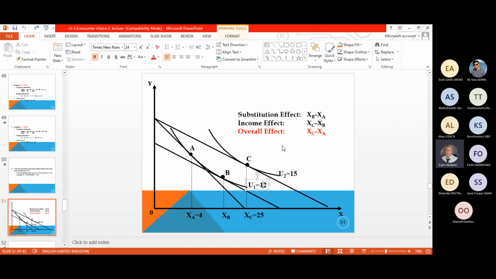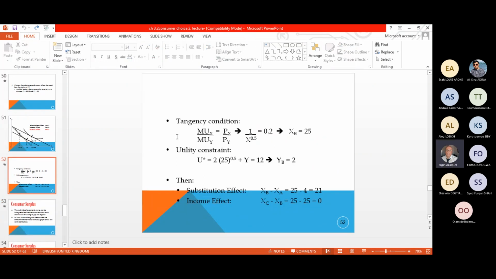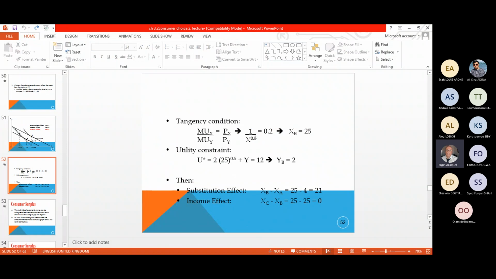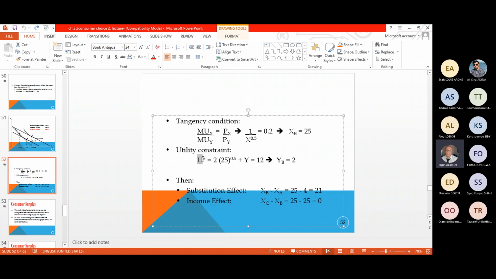Then we have to find the tangency conditions. Again, we are using this equation for finding this tangency, to determine it on the same utility, not 15, on the same utility, isn't it 12? We suppose it is 12, not 15.